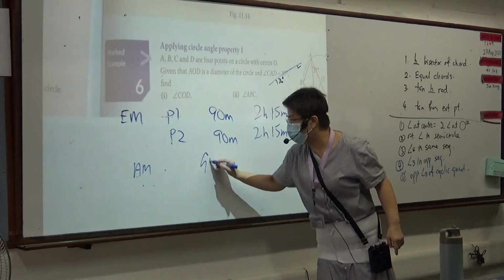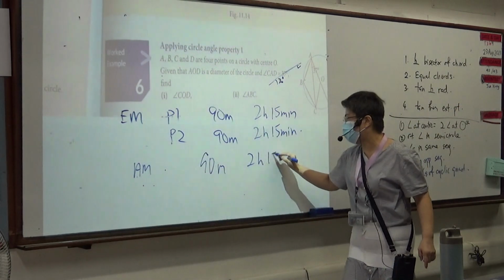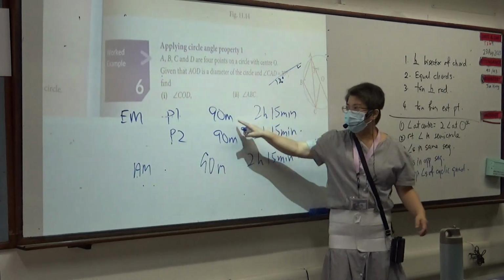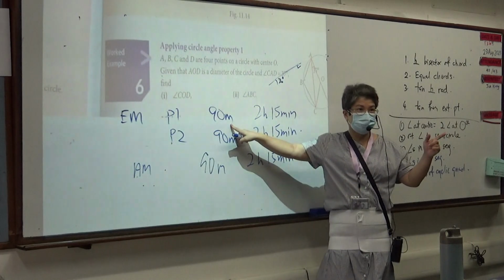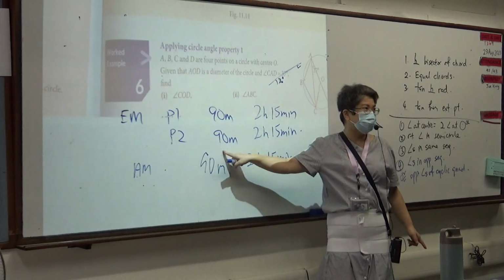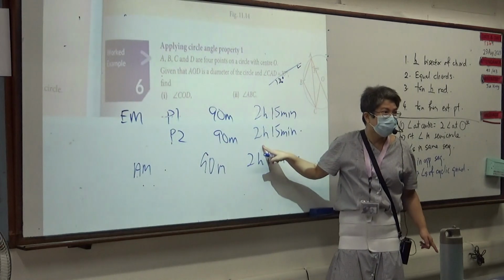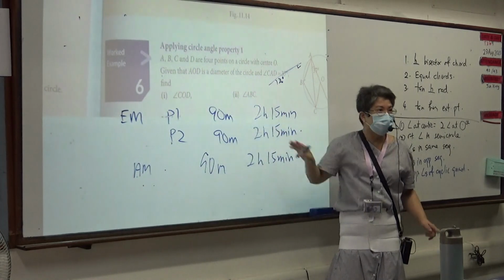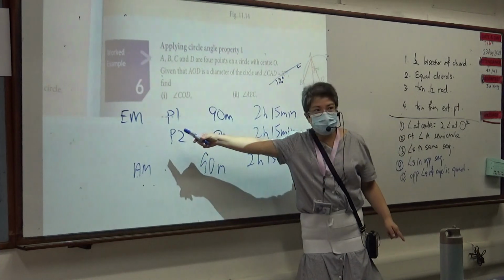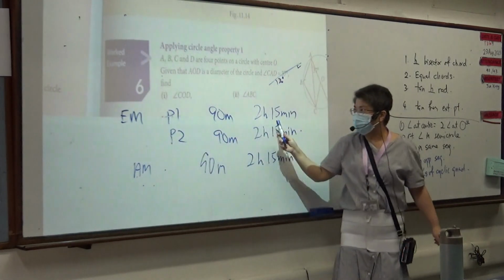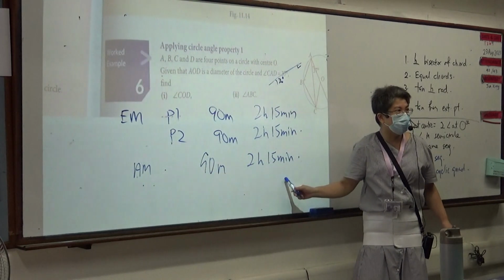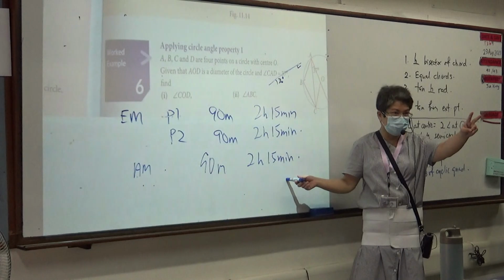It's also 90 marks, 2 hours 15 minutes. The old syllabus had paper 1 at 80 marks and 2 hours, and paper 2 at 100 marks and 2.5 hours. Now they want to make it equal weightage. So I repeat, E-Maths has 2 papers, A-Maths only 1 paper because we don't have enough topics. But next year we'll have 2 papers.